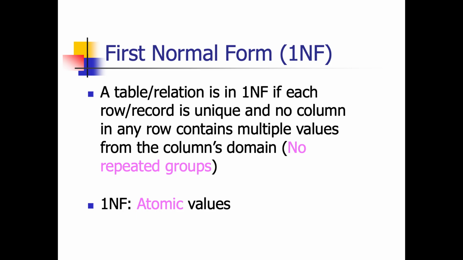So if the problem is about storing two different things in a single column, then you have to add a new column. But maybe you're just putting multiple values of the same thing into one column. For example, you have email here, but maybe I have two email addresses, Gmail, Yahoo, and so on, and you're storing my Gmail, Yahoo, everything here. This is not a relation. This is not in first normal form.